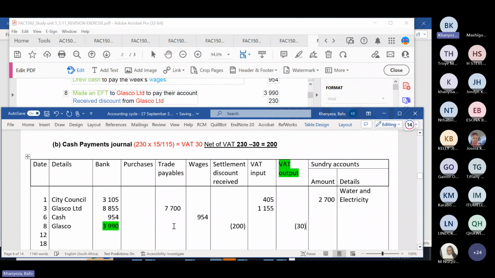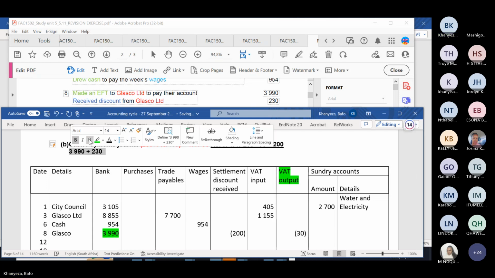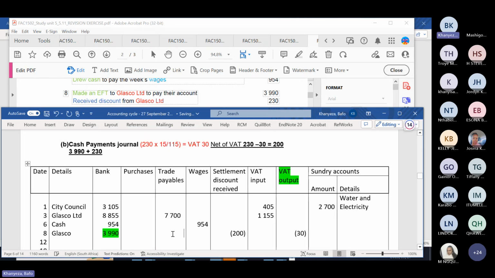So how much are we going to reduce our trade payables by? We're going to reduce our trade payables by the total of 3,990 plus 230, because you've been given a discount. So we're going to reduce our trade payables by 4,220.